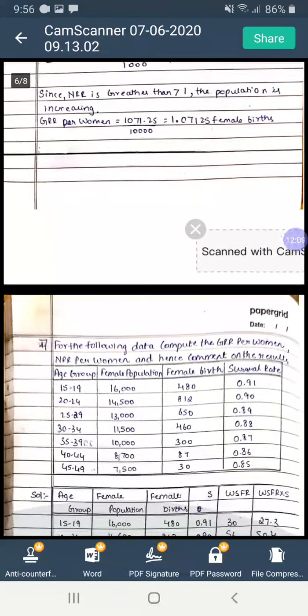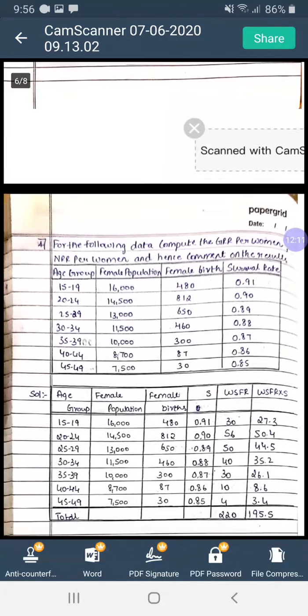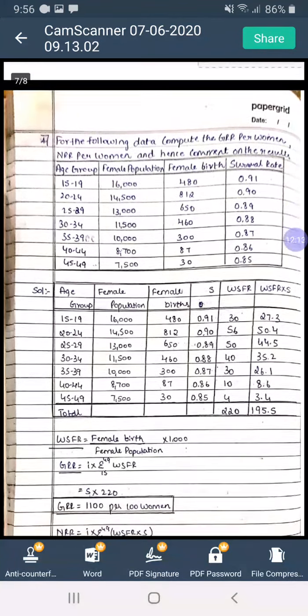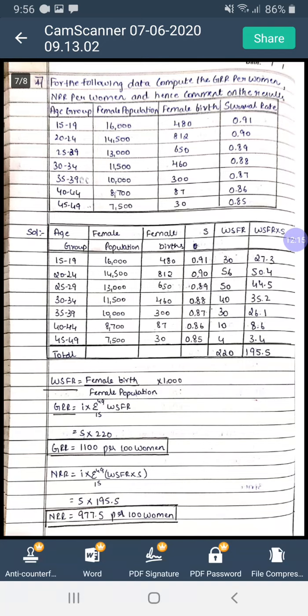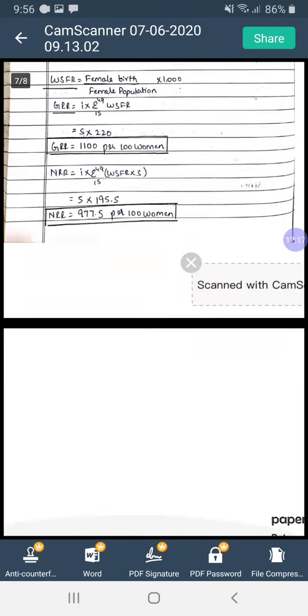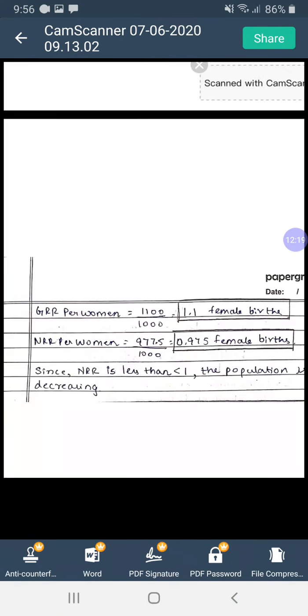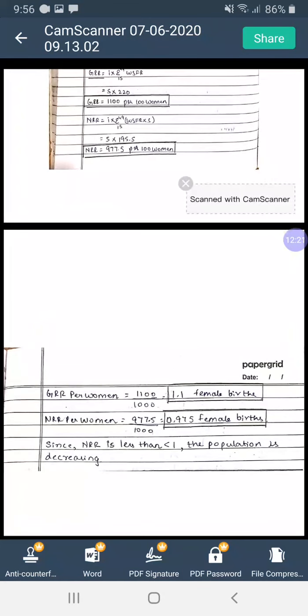Your fourth problem is here, same thing: find out GRR and NRR, and the comment also is here. By this your reproduction topic is coming to an end.